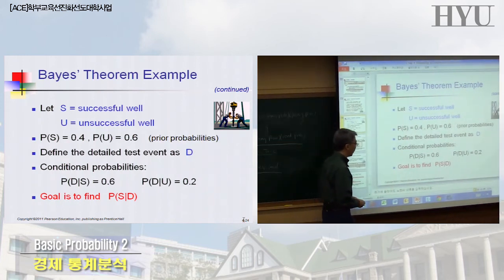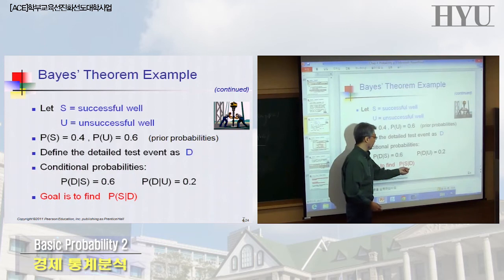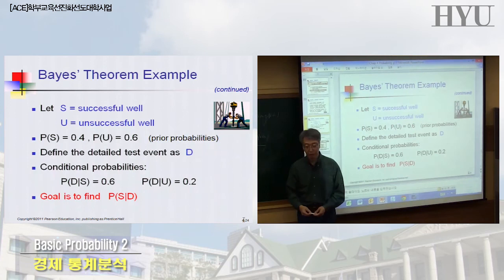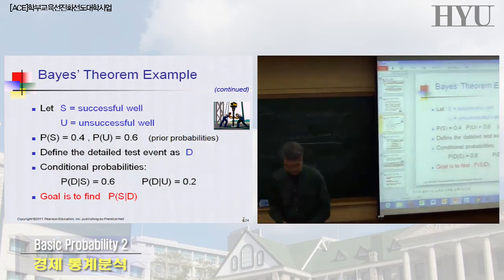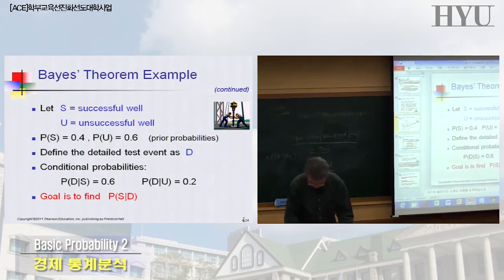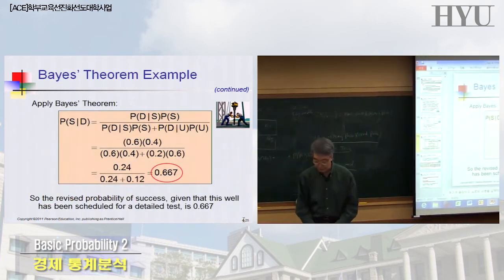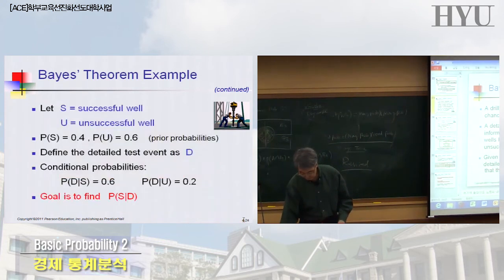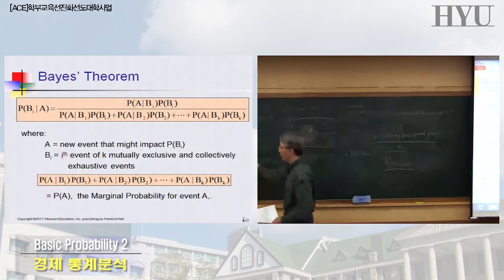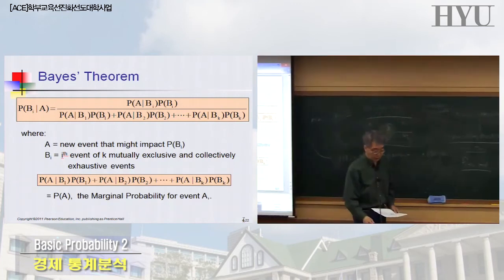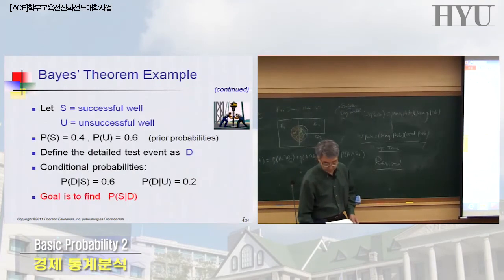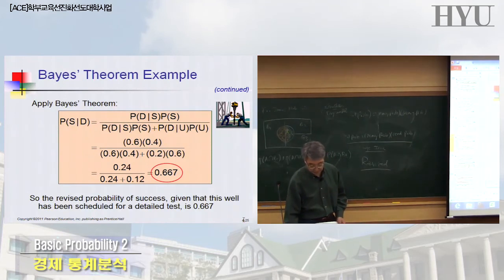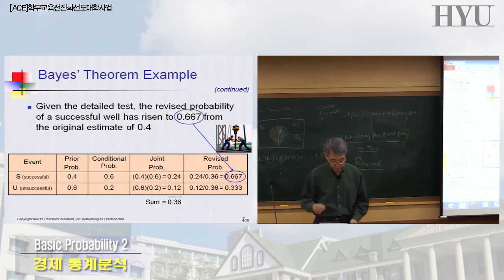Once we know the test is positive, what is the probability that we will find a successful well? You can use the formula like this. This is the application of this formula, because you have all this information, you can plug in the numbers and find the revised probability. But I would recommend this tabular approach.